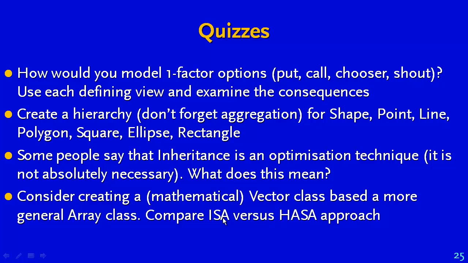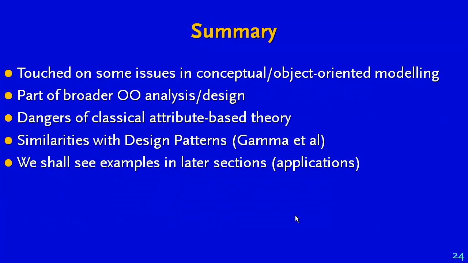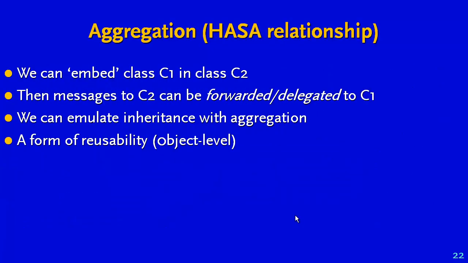In other words, do I see vector as a specialization of an array, or can I create my vector class with an embedded array class, and all the new functionality in vector or existing functionality in array is delegated to array? So in other words, I'm using aggregation here.